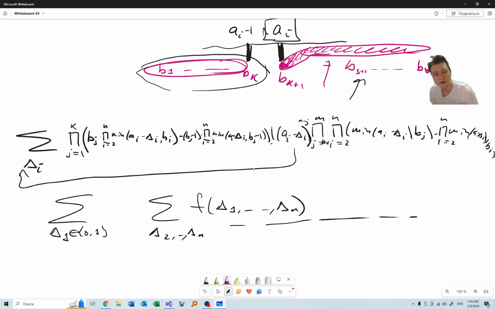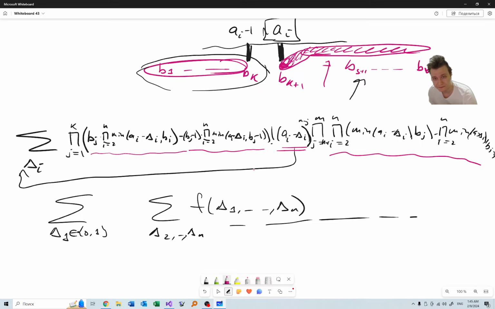Let's look at what this function looks like. See, actually we are not dependent on delta 1 here, we are not dependent on delta 1 here, and we are not dependent on delta 1 here. We're only dependent on it here.